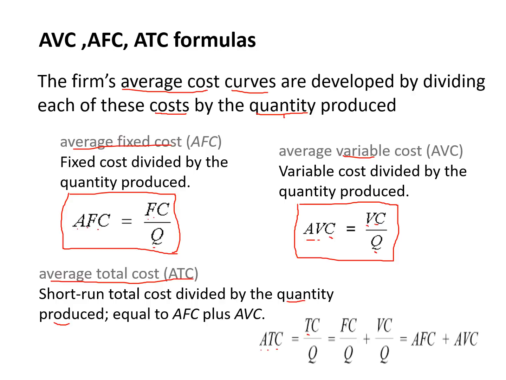You could find the total cost and divide it by the quantity produced, or you could take the average fixed costs and add it to the average variable costs. And these are given by these two formulas here. The fixed costs divided by the quantity produced and the variable costs divided by the quantity produced. So you add those two together to get the average total costs.